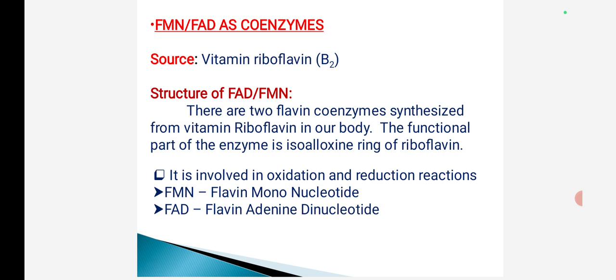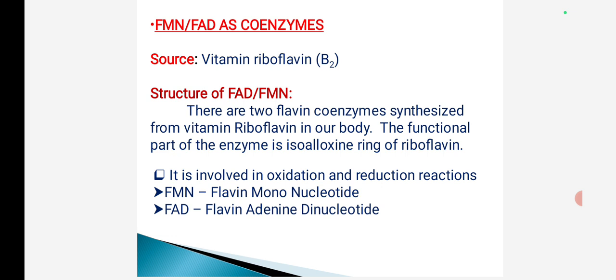Next example, FMN or FAD as a coenzyme. Sources for FAD or FMN: riboflavin, vitamin B2. Structure of FAD, FMN. These are two flavin-containing coenzymes synthesized from vitamin riboflavin in our body.